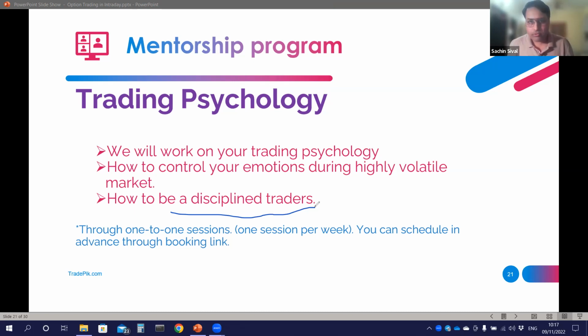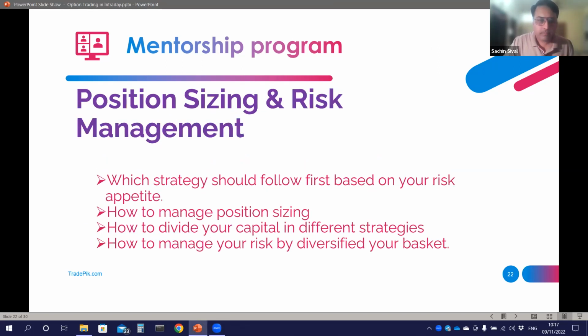Every system has its own limitation. Like I said, the directional approach and the range bound approach both have their own limitations. But if we know which system is best for us, we don't need to get distracted or go here and there. We just focus on what we are doing and how we can optimize our system. That's it. So we will learn how to be a disciplined trader.